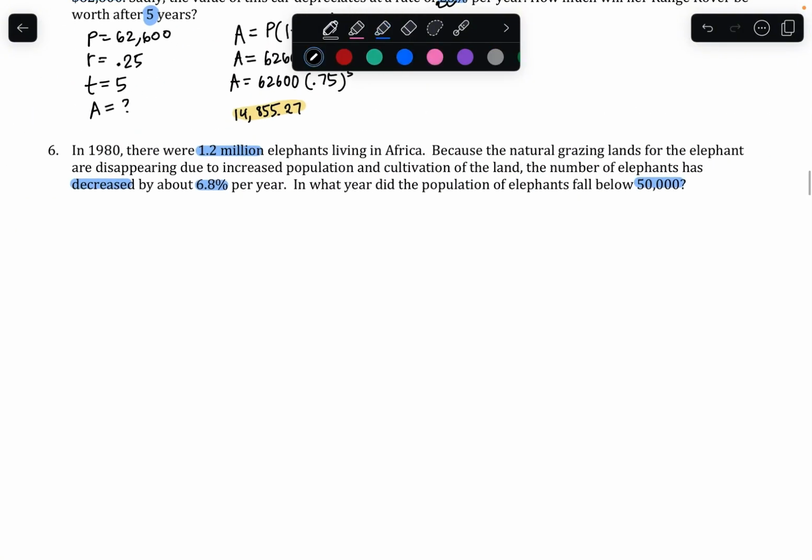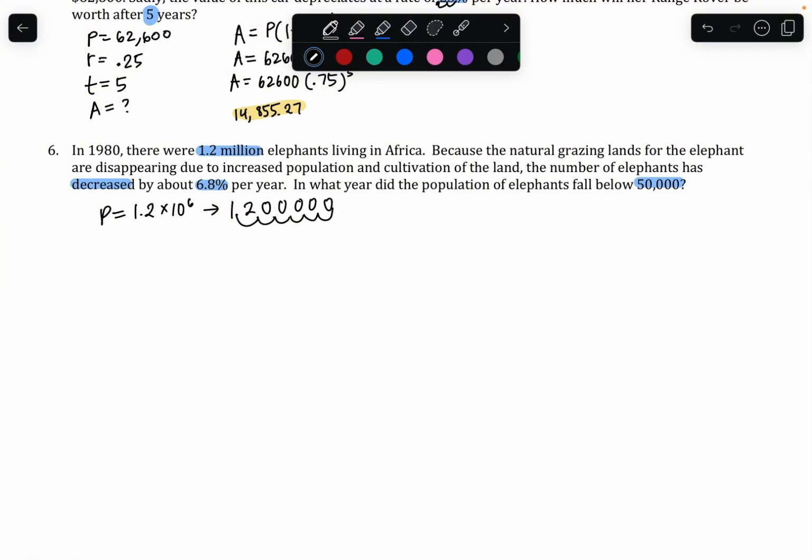All right. And so this time we know that our starting amount is 1.2 million, and 1.2 million is 1.2 times 10 to the 6, which means you need to move the decimal 6 places to the left. And so 1, 2, 3, 4, 5, 6.